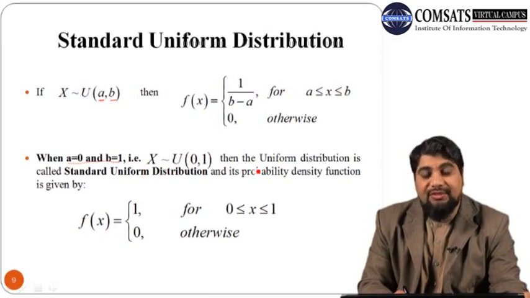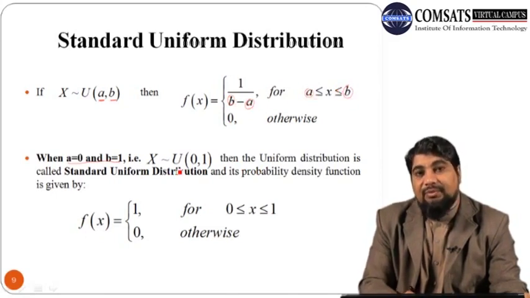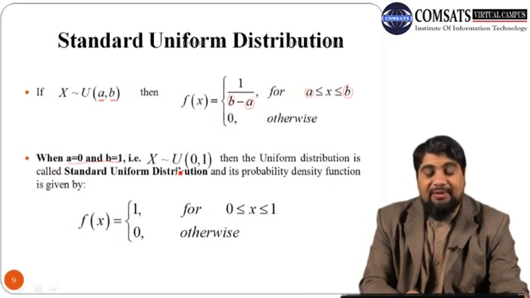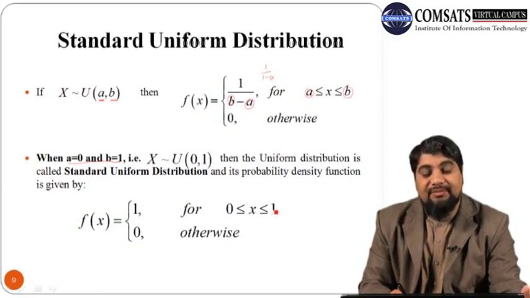We can write its probability density function by just replacing b by 1 and a by 0 in the original probability density function formula. So we can write f of x is equal to 1 over 1 minus 0, which means it is 1 when x lies between 0 and 1, where 0 and 1 both are included in this range.